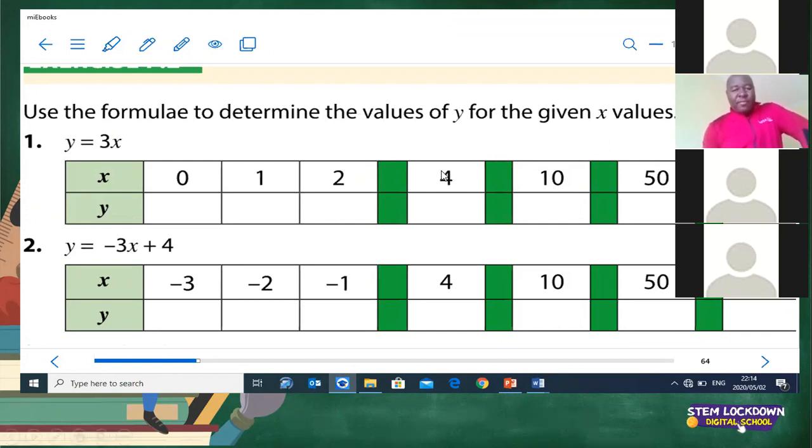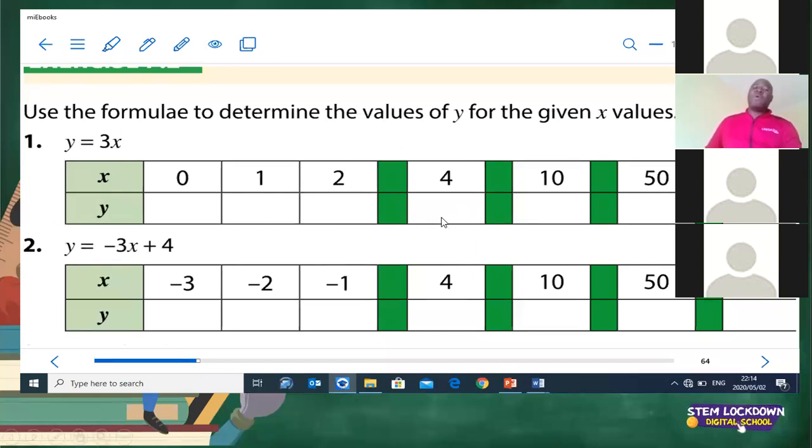If x is 4, what will be the value of y? Again, you multiply 3 by 4.